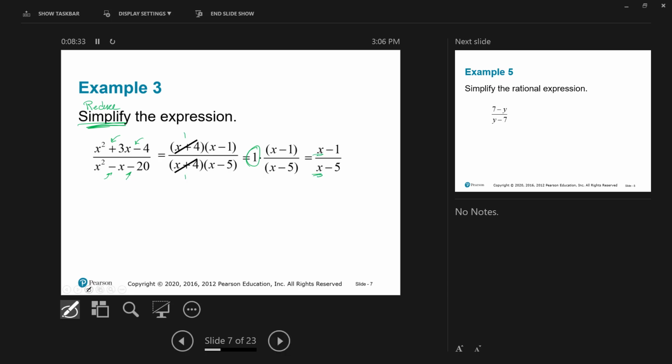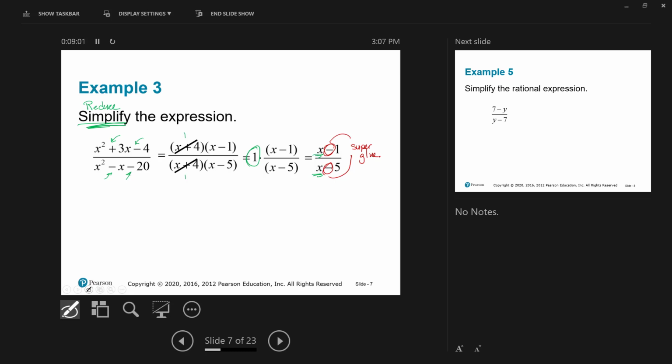Now, I have a question for you. Can we cancel these x's? Some of you may be thinking yes, some of you may be thinking no. Here's how I need you to understand this. Since they are attached by addition, well, in this case, just subtraction, I need you to think of addition and subtraction like super glue. These guys are super glued together, which means it's either all or nothing.